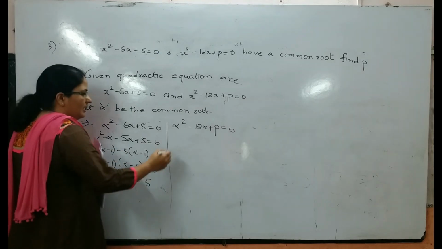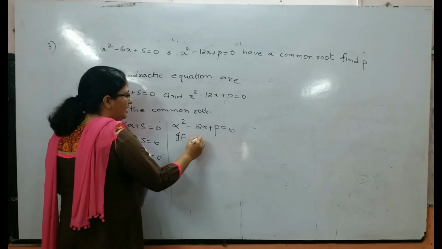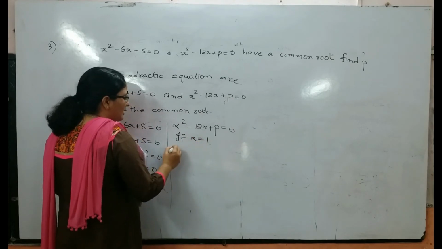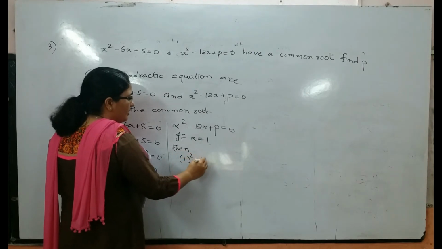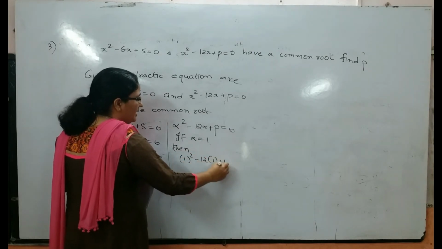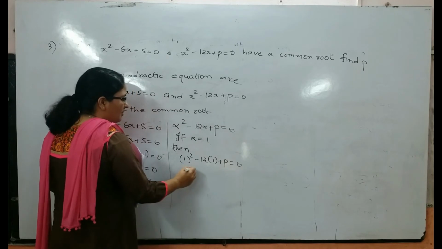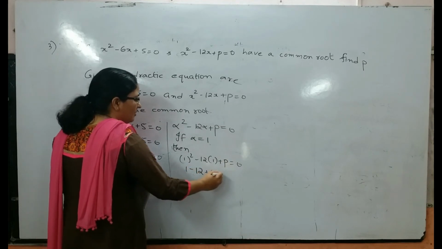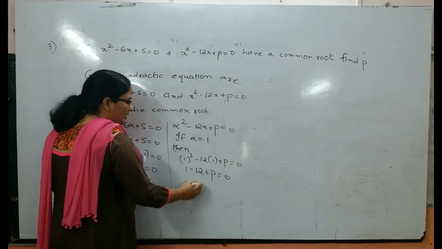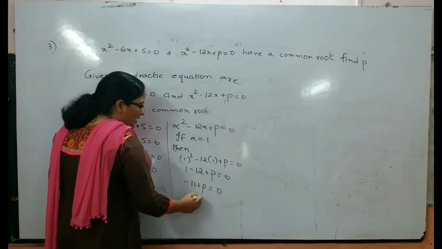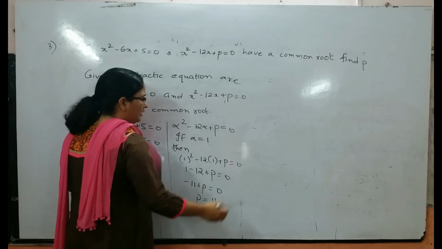Now, if alpha is equal to 1, then 1 square minus 12 into 1 plus p is equal to 0. 1 minus 12 plus p is equal to 0. Minus 11 plus p is equal to 0. P is equal to 11.